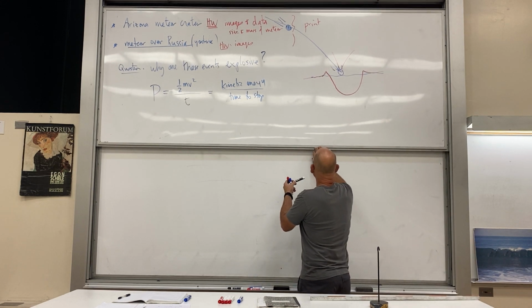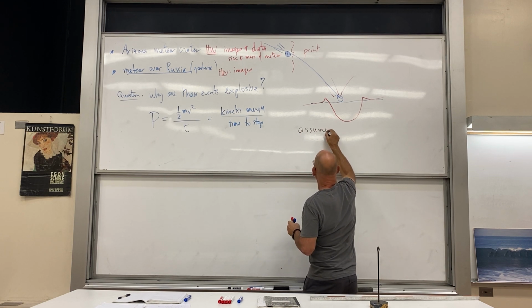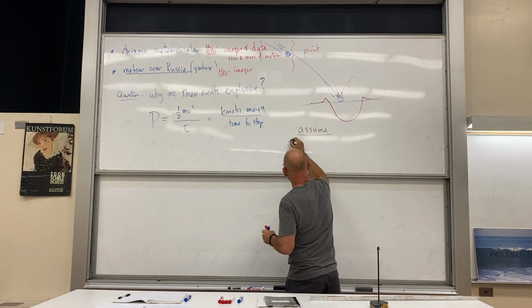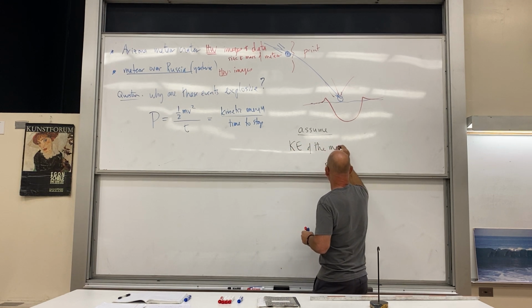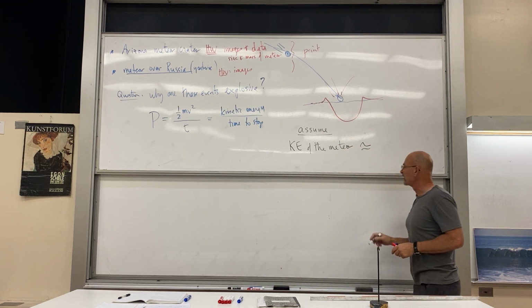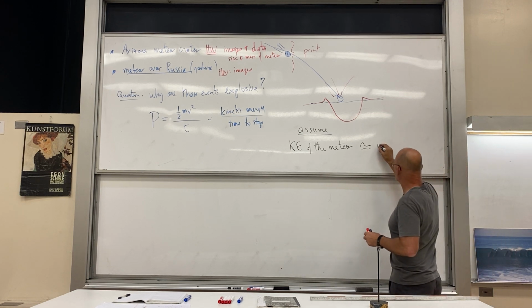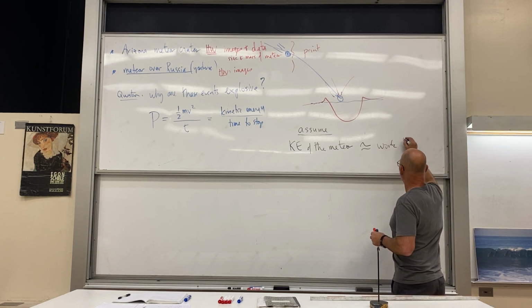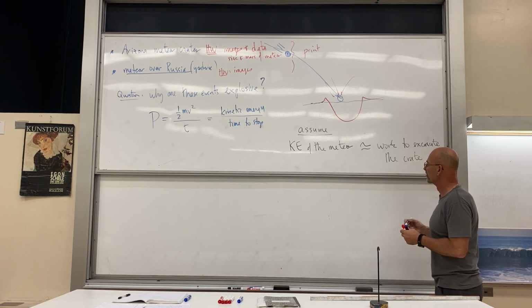So we're going to assume the kinetic energy, KE, of the meteor is very roughly equal to the work required to excavate the crater, to dig that crater.